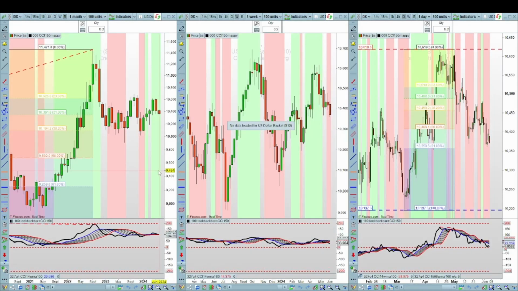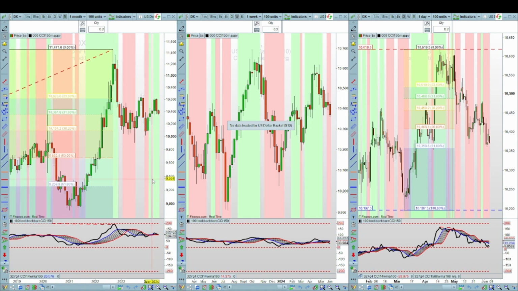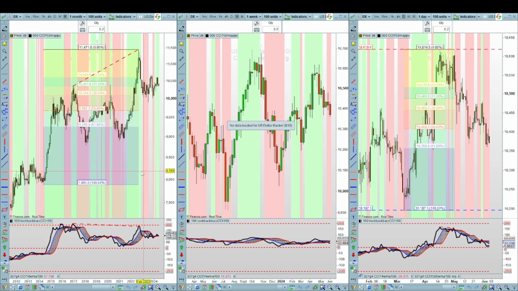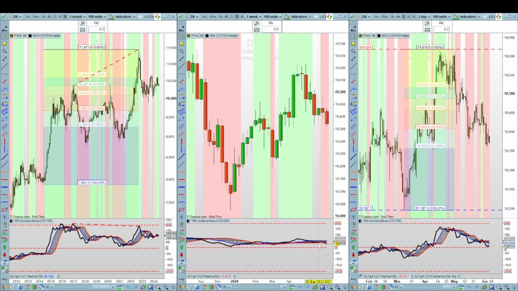Looking at the US dollar, on the monthly we're in a bullish scenario, but you notice that's a very thin moving average range, and the CCI is coming back and just above that moving average range, giving us a very slight bullish signal. We've still got a bearish divergence here versus higher highs in the price. It's fallen off, you can see there it's actually hit the 23.38% level, so that may have already played out, the divergence. On the weekly, we've got bearish momentum with the CCI broken below the moving average.